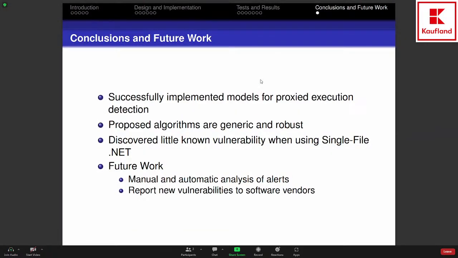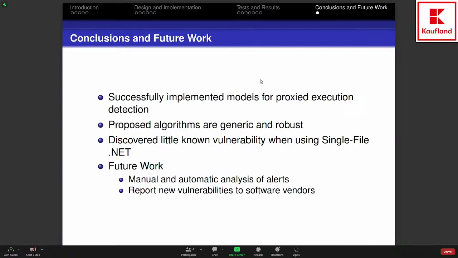So that's about it. Conclusions: we have proposed and shown that these proxy execution detection and vulnerability detection algorithms work, by synthetic tests and also by results in a model anti-malware solution.